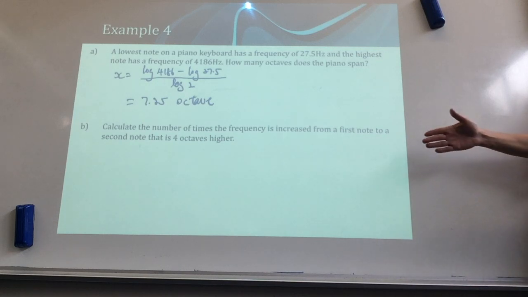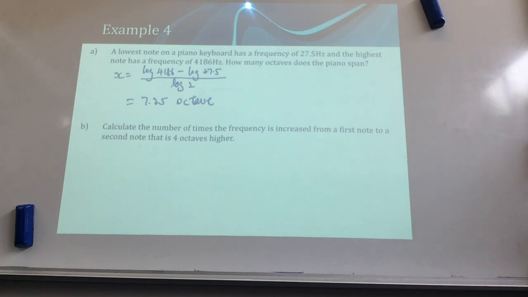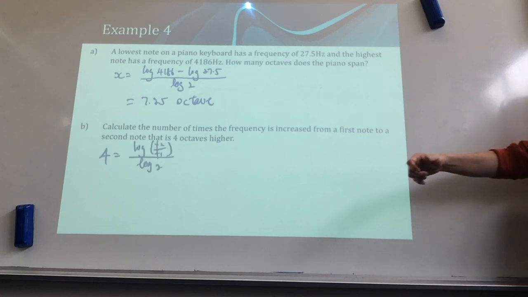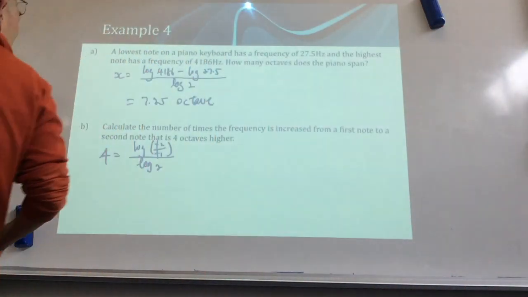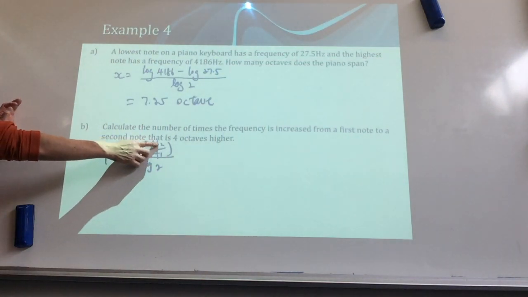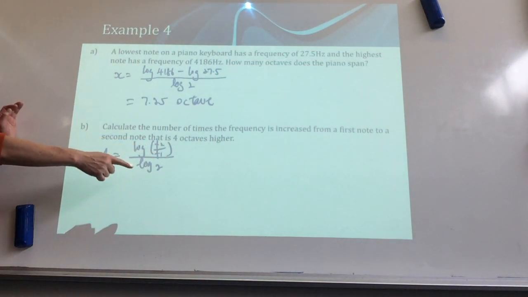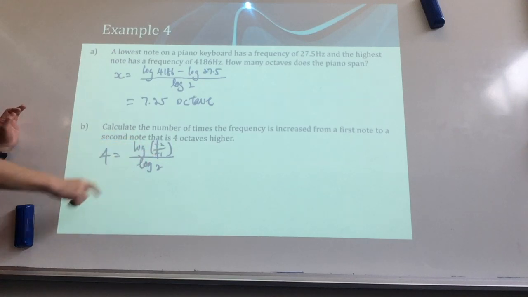And then you can calculate the number of times the frequency is increased from a first note to a second note that is 4 octaves higher. So you will go quite high in that sense. This time, because it is 4 octaves higher, I would use f2 divided by f1. I want that to be 4, so I use division so that I know it will be 4.